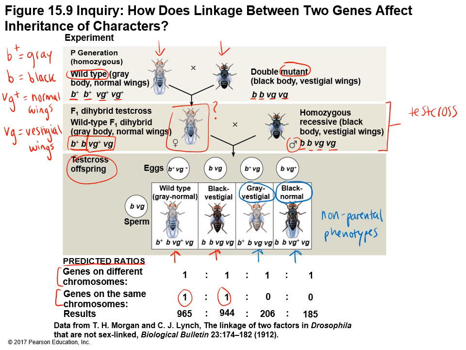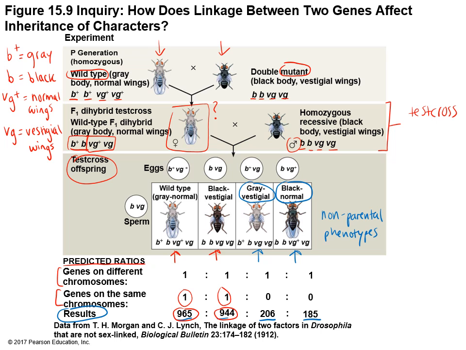So the predicted ratios were different from the actual results. The actual results showed us more of the parental genotypes or phenotypes, so 965 and 944, and less of the non-parental phenotypes, but they were still there and greater than 0.